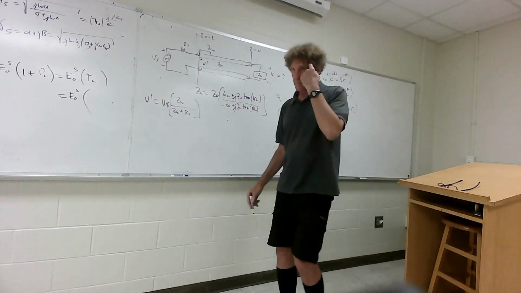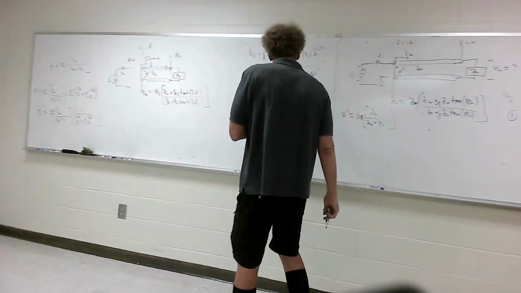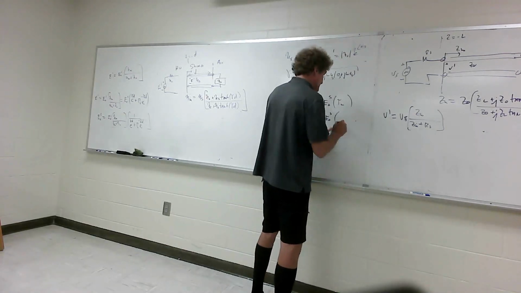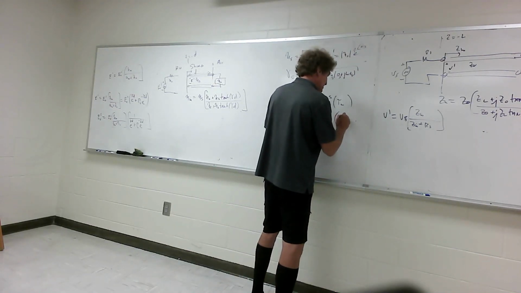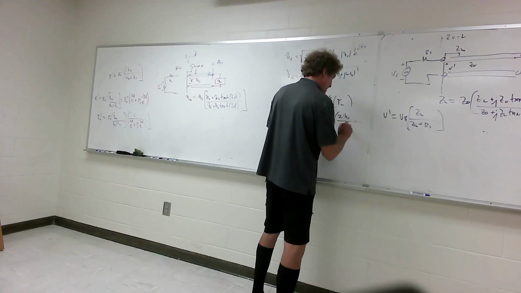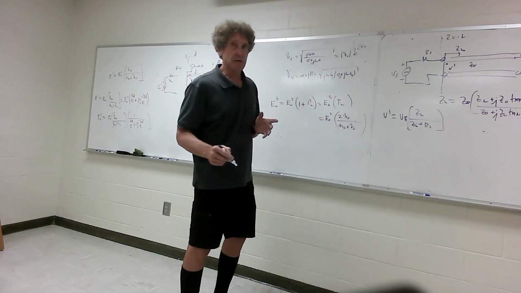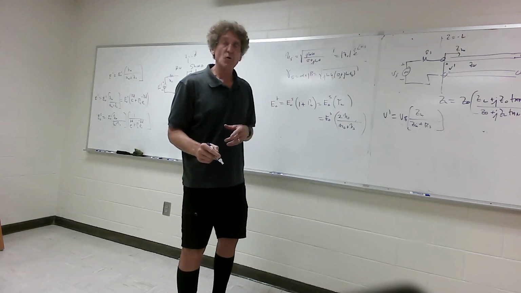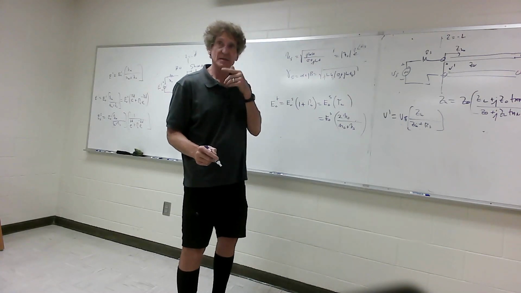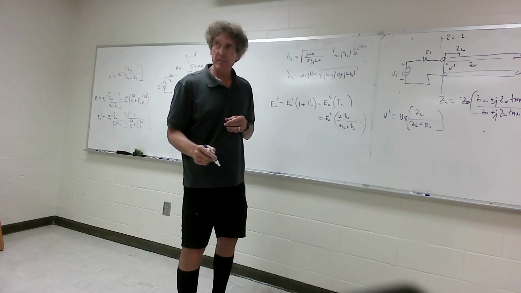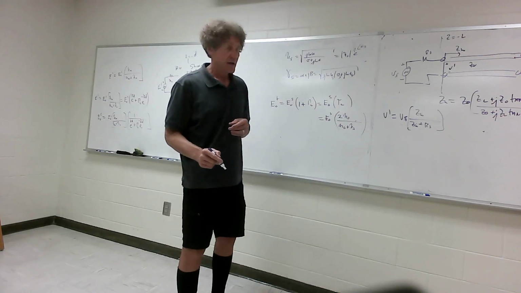Now, I did it for a reason. If you look here, this is 2 times the impedance you're going into, which is eta naught, over eta naught plus eta shield. Now, typically, eta shield is orders and orders of magnitude less than eta naught. Are you with me, class?